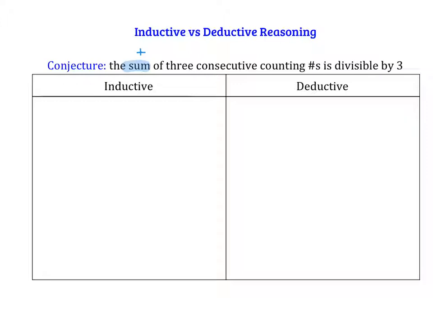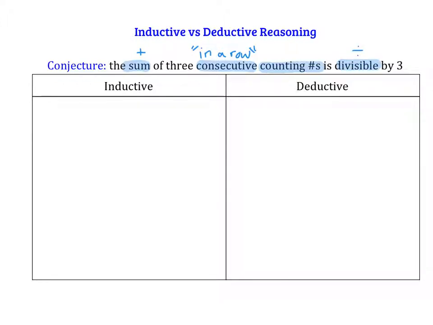The word consecutive means in a row, or the next one. Counting numbers are numbers that you would use to count something, so not negative numbers and no fractions or decimals, and we start at 1. Then we say, is divisible by 3? Divisible means that you can divide by 3.